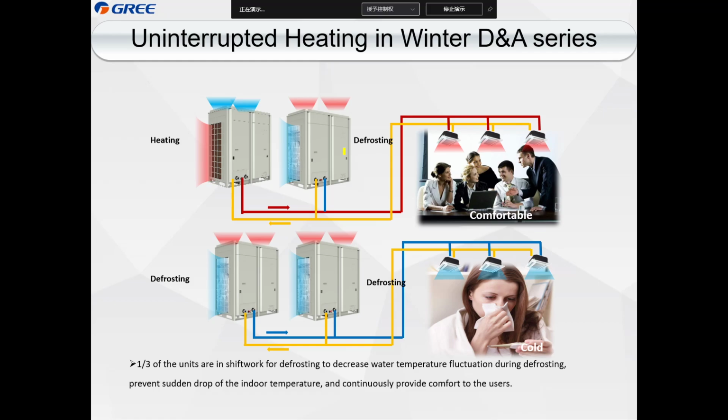So we can ensure the indoor unit temperature will not decrease too much, because only part, for example, only this one is defrosting, and the others are heating, and then these three are defrosting.